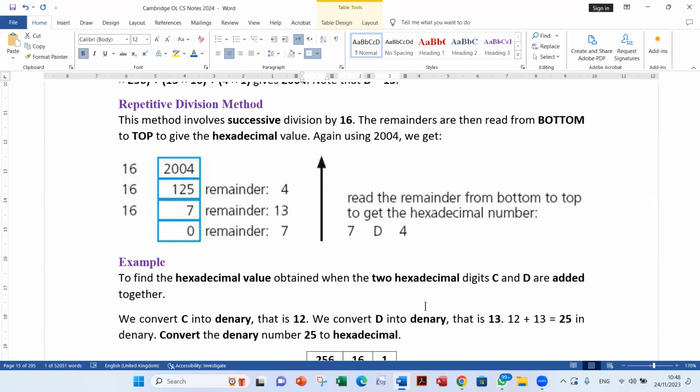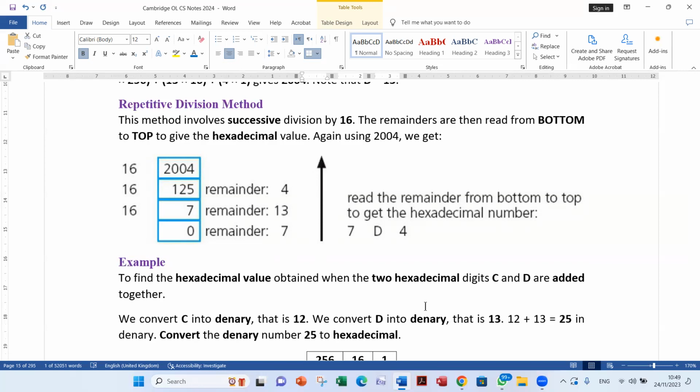Let us consider this. Find the hexadecimal value obtained when two hexadecimal digits C and D are added together. I have C, and C is 12, plus D, and D is 13. 12 in denary plus 13 in denary is 25 in denary.